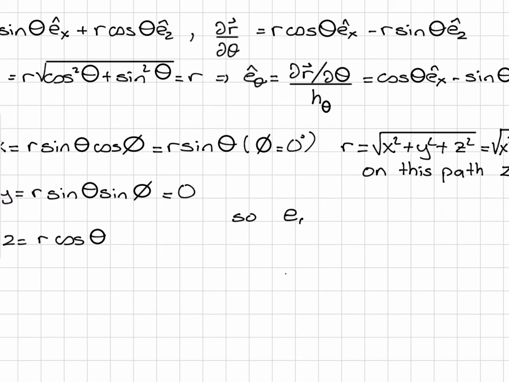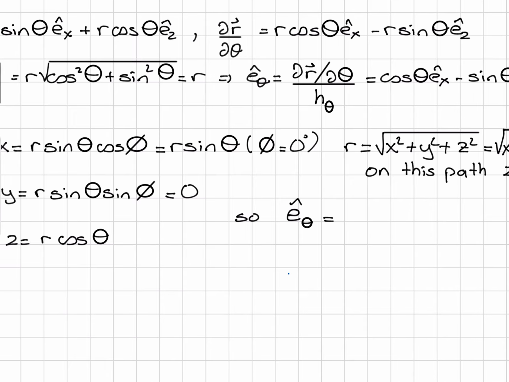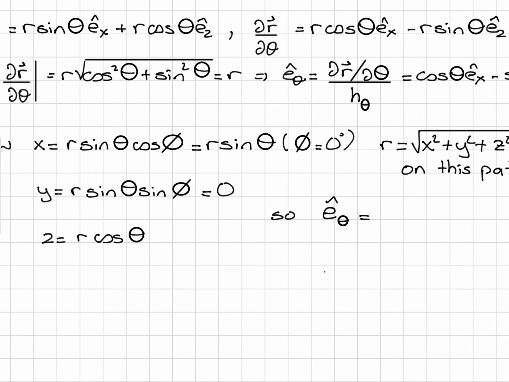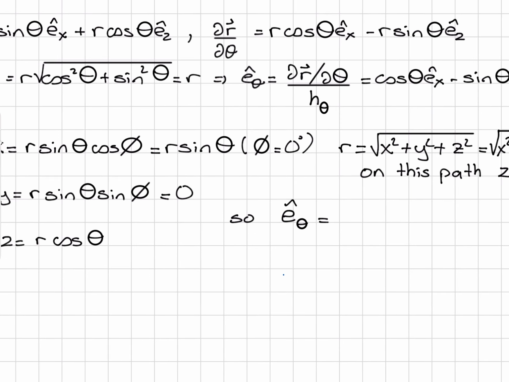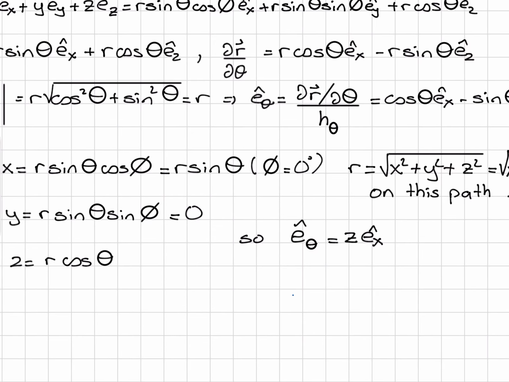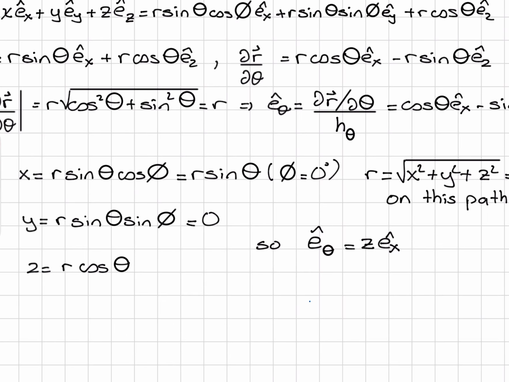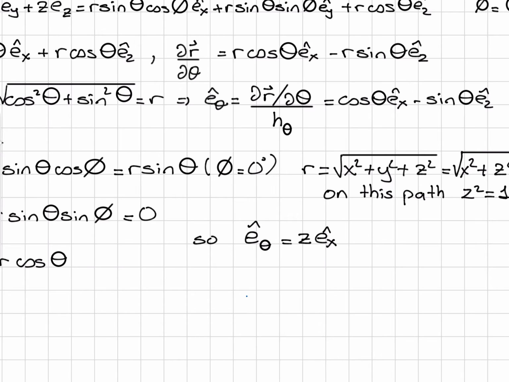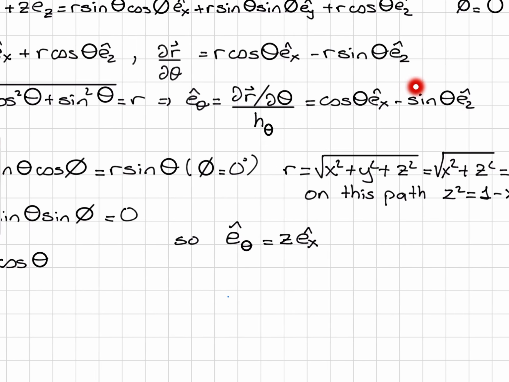Now e theta hat, our spherical unit vector, is cosine theta ex hat, but cosine theta is z over r, and r is equal to 1, so it is z ex hat. Then we have sine theta, but sine theta is x over r, and r is equal to 1, so that's x, but we have minus sine theta here, so this is going to be minus x ez hat. This is our unit vector.